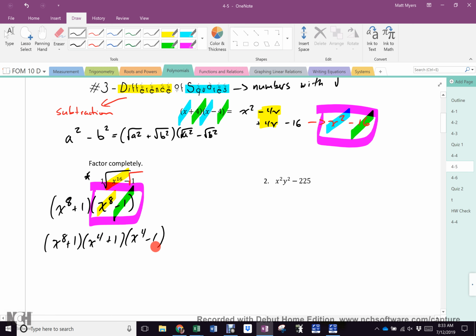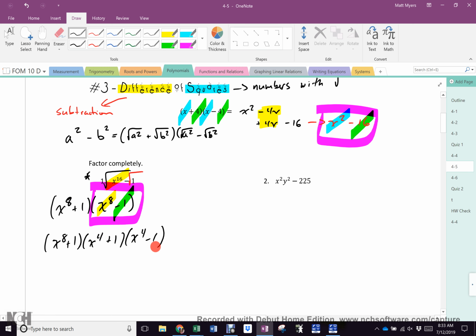Now a bunch of you will stop there. Can you? Should you? Yes or no? Of course not. Why? Because 4 is a perfect square and 1 is still a perfect square, and we still have a subtraction. But can I do anything there or there?